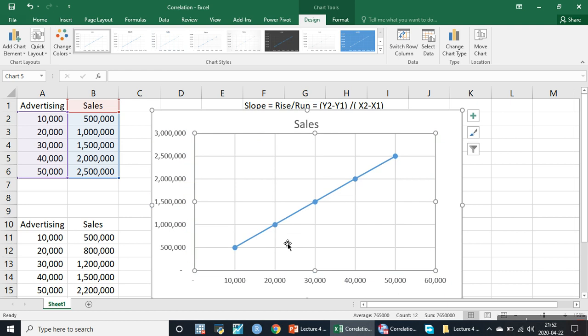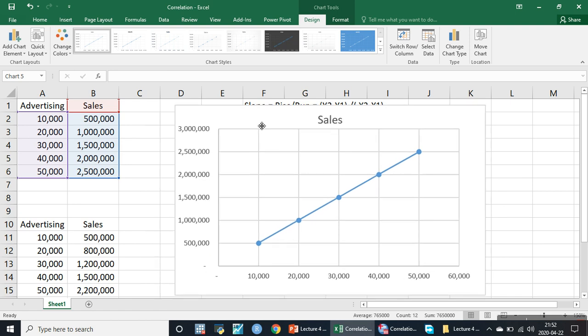When the advertising was 20,000, the sale was 10,000. When the advertising was 30,000, the sale was 15,000. So the graph is upward moving. It means that there is a relationship, and the relationship is perfect positive.